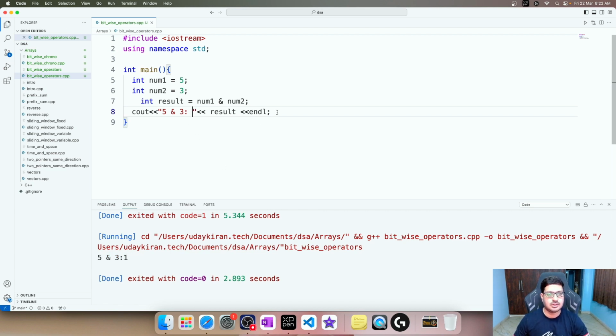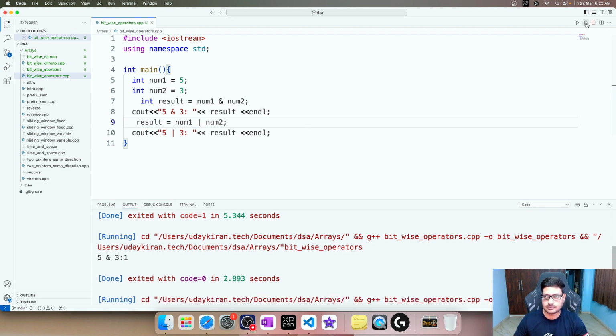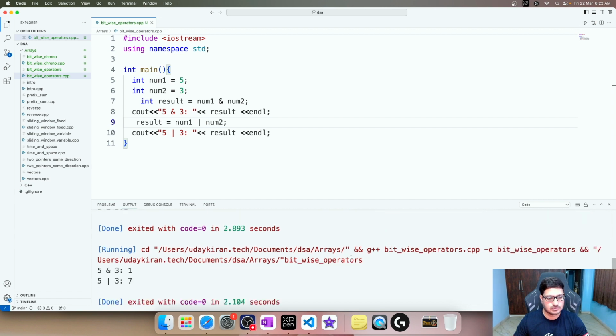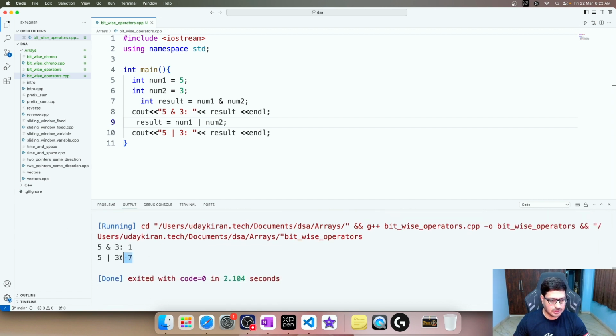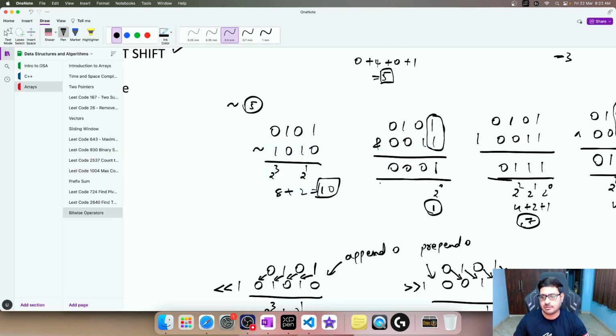Okay, let's do something else. This time let's do 5 or 3. Or is represented by the pipe symbol, and let's calculate or. This time we are doing or. Let's see. So 5 or 3 is 7. Is that what we have?